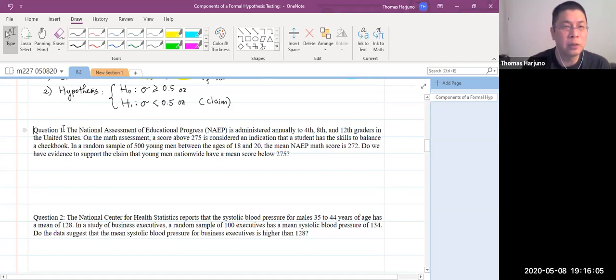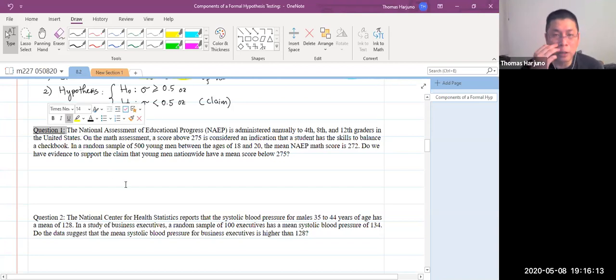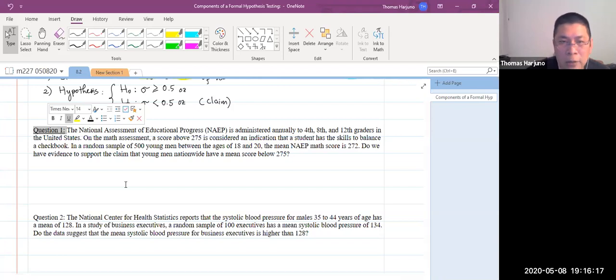The National Assessment of Educational Progress is administered annually to 4th, 8th, and 12th graders in the United States. On the math assessment, a score above 275 is considered an indication that a student has the skills to balance a checkbook.